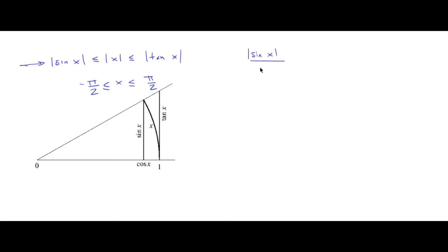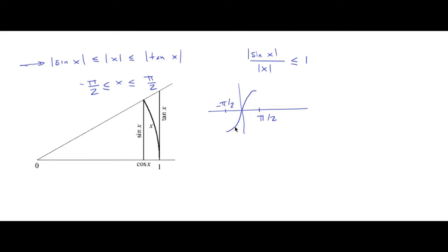Then we have the sine of x divided by the absolute value of x is smaller or equal than 1, right? Now I'm going to draw the sine of x between minus pi over 2 and pi over 2.